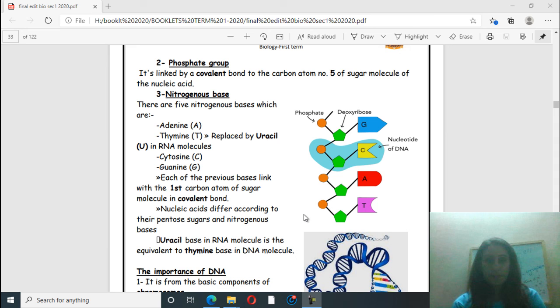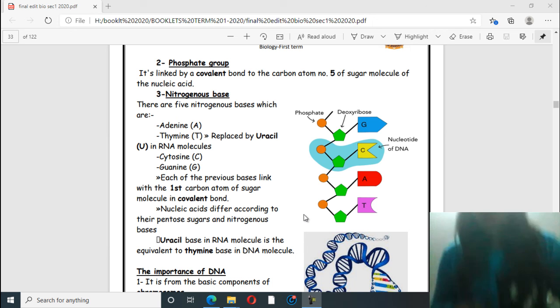Ribose sugar consists of 5 carbon atoms, the hydrogen atoms are double the carbon, and the oxygen equals the carbon atoms. This is called ribose sugar, which is found in RNA.